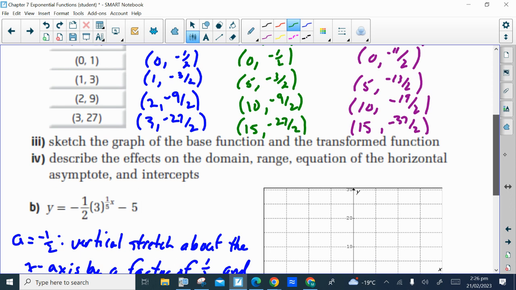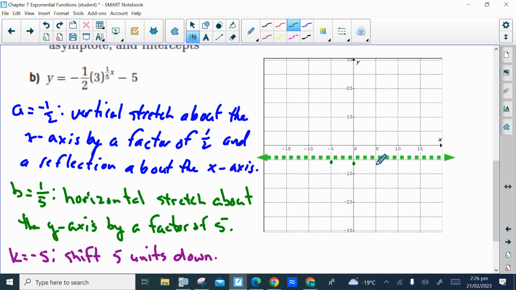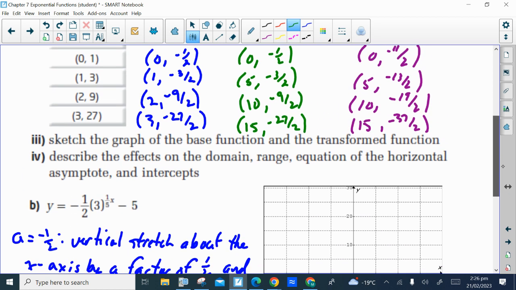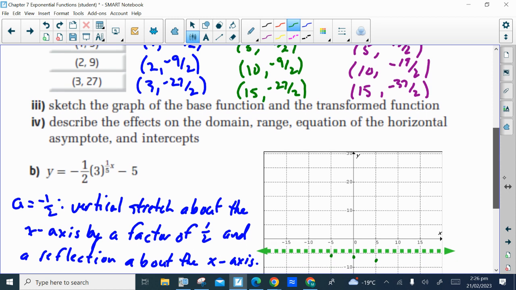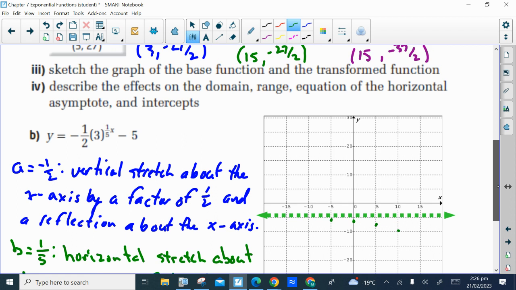Then 5, comma, negative 6.5. Approximately there. 10, comma, negative 19 halves would be negative 9.5, so just slightly above negative 10.